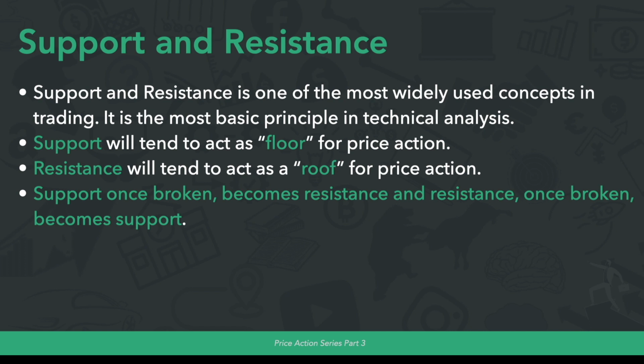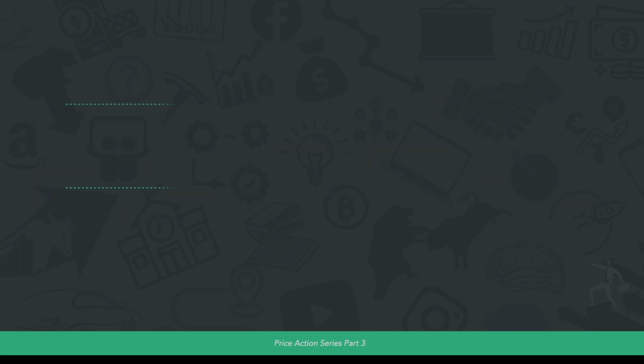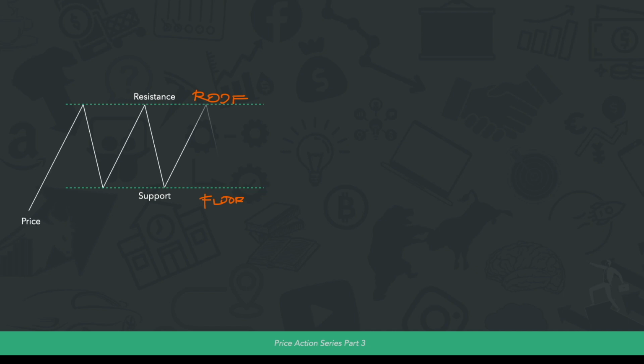So ano bang itsura ng support and resistance? So again, resistance para siyang roof, okay? And then support parang floor. So yung resistance, makikita natin to lagi above price, and then yung support naman below price. Alright? So ganito yung itsura niya.